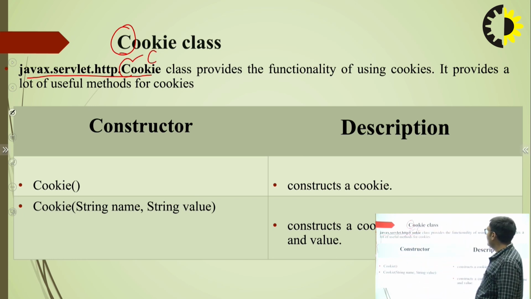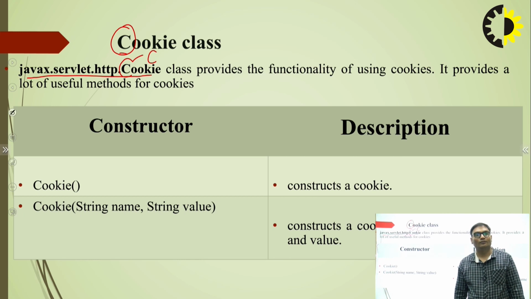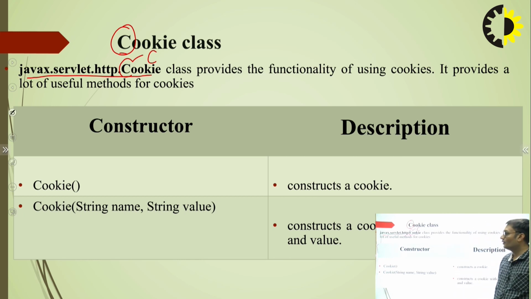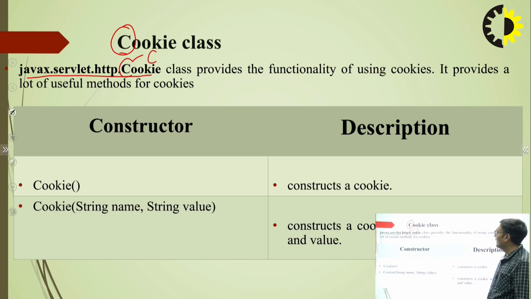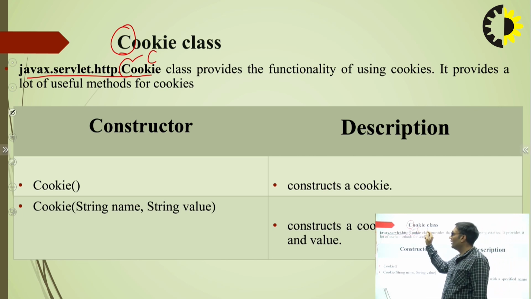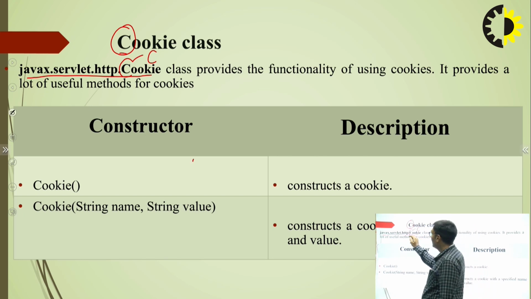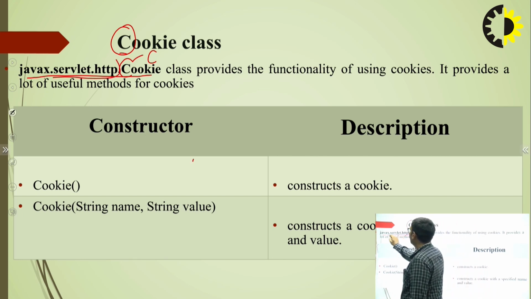It is a class that provides the functionality of using the cookie. It provides a lot of useful methods for the cookie. So all the methods related to the cookie are written inside this Cookie class, and this Cookie class definition comes from this package.